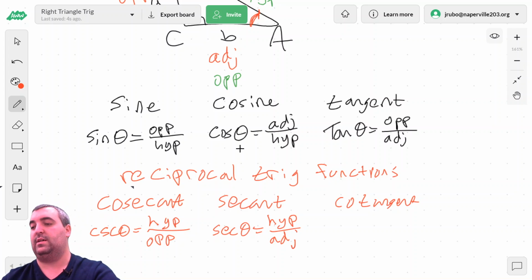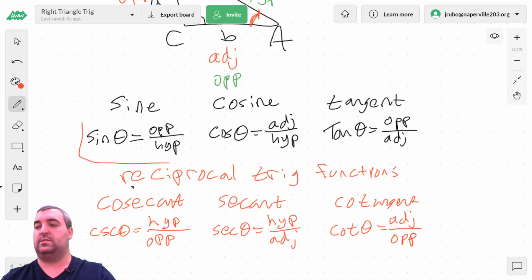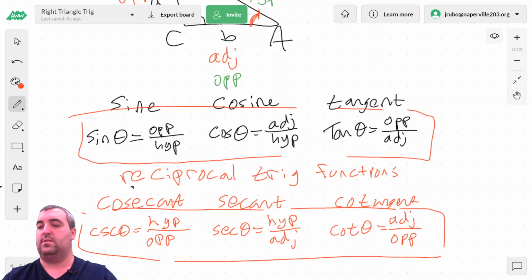And cotangent of an angle would be the adjacent side over the opposite side. So these are your 6 trig functions. Those are your 3 original, and these are your 3 reciprocal. Once you find these 3, to find these 3, you just flip the fraction.